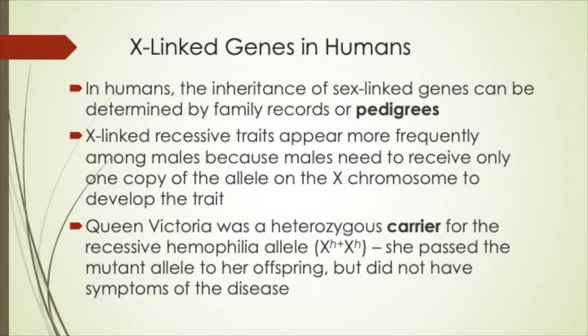X-linked genes in humans. We do have family records of royal families, especially those that have bad genetic diseases. So family records, pedigrees, things like that. These are what tell us the history of these X-linked diseases.